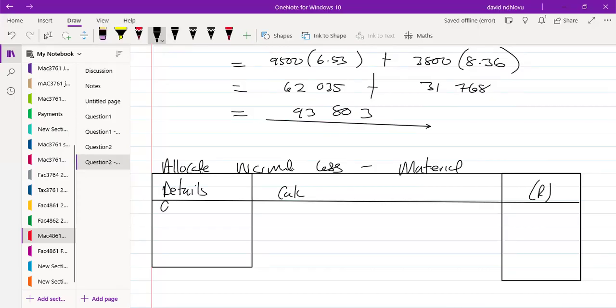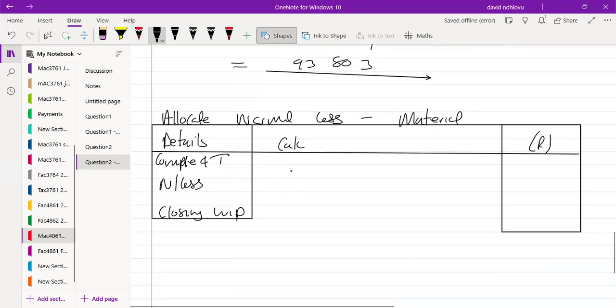Then you have your opening WIP. You have current production. You will have completed and transferred. Then you have normal loss. Then we have closing WIP.